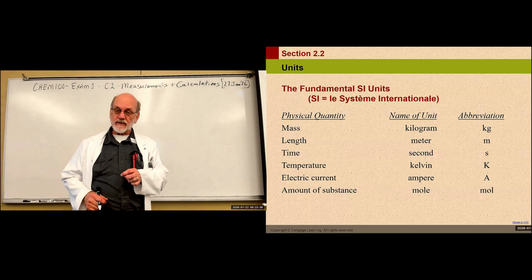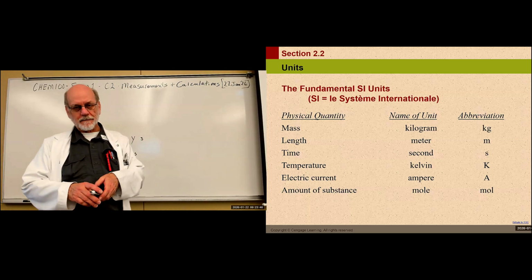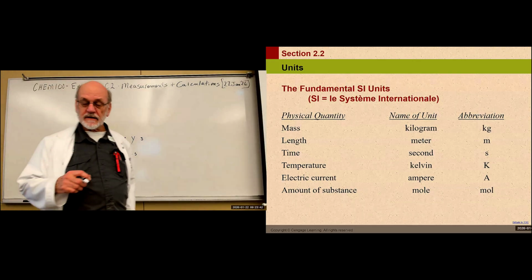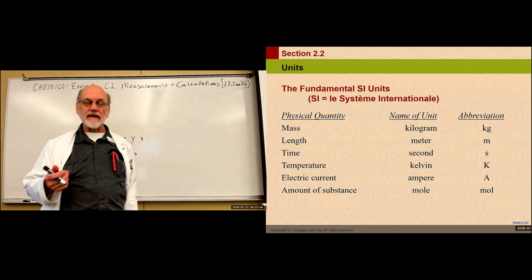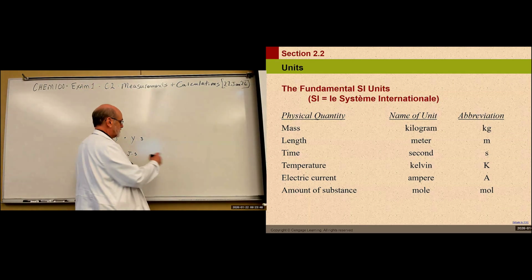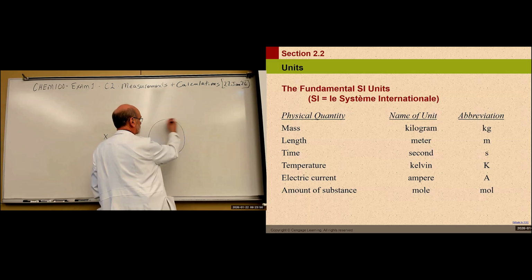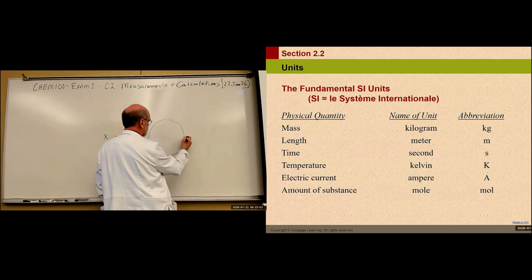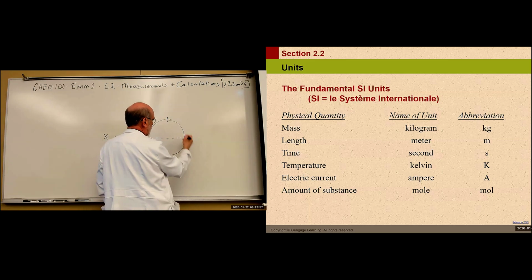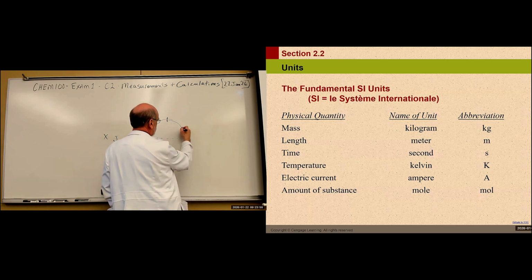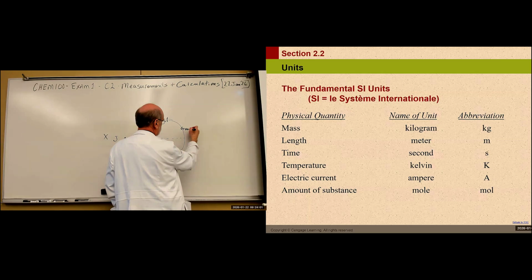So that's why the kilogram is the standard and not the gram. The length, the meter, is a standard length. It was derived from the Earth, right? So here's the equator, here's a pole, and here is Greenwich, England.